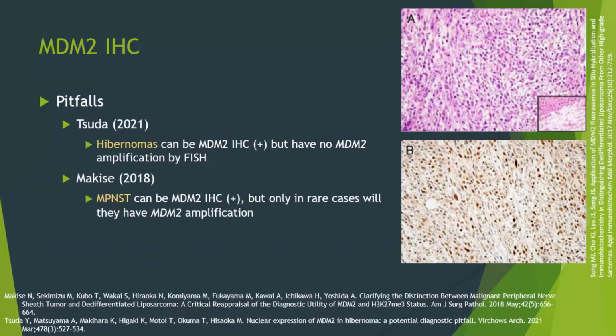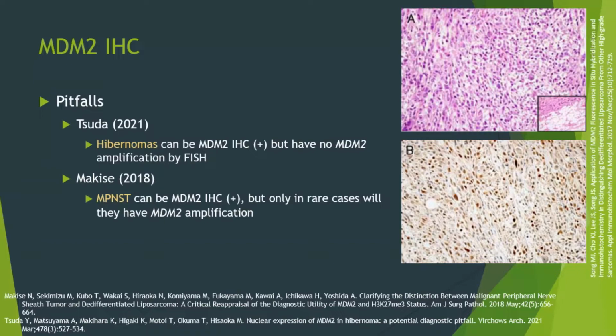Now, since IHC correlates with the expression of the protein and not exactly amplification of the gene, mechanisms that will increase the expression of the protein from non-amplified MDM2 genes will also give you a positive MDM2 IHC result. So, in this 2021 study involving 10 hibernomas, all of them were positive for MDM2 IHC but were found to have no MDM2 amplification by FISH.